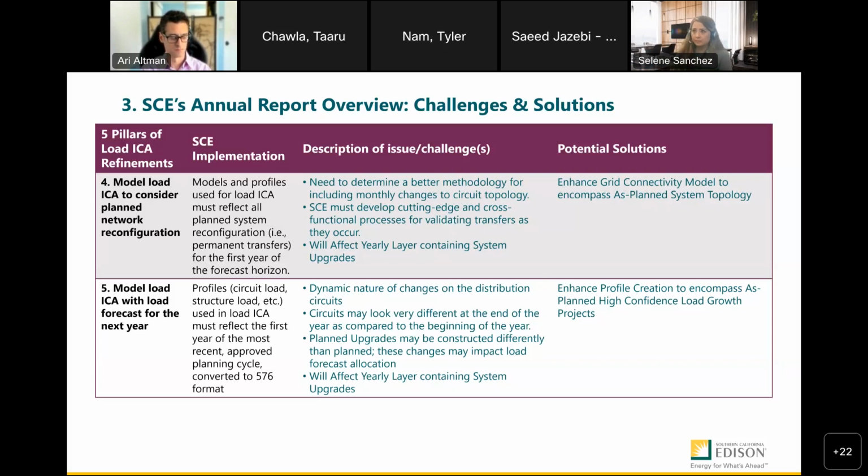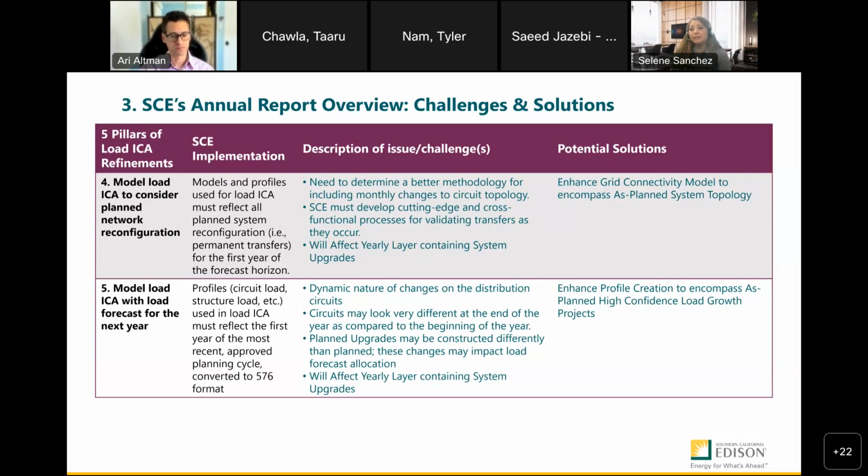And for the last pillar, the distribution system is very, very dynamic in nature. And we want to include proper forecasting within our profiles. As such, circuits may look very different at the end of the year than they were initially proposed, due to the dynamic changes in the distribution system process.